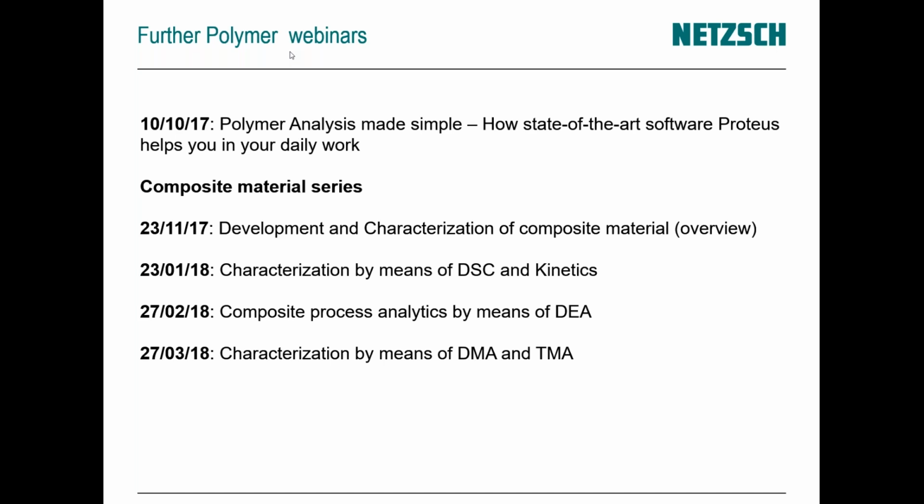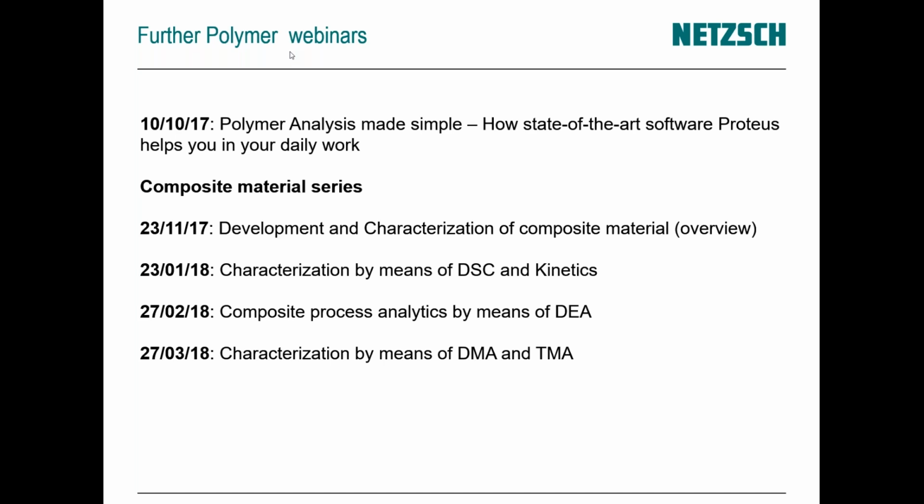Just for the ones of you who are not familiar with NETZSCH, as you signed in already, you must have at least clicked on our homepage. The NETZSCH group has 3 different business units: grinding and dispersing in the middle with grinding machines for processing, pumps and systems to the right also for process applications, and the part where I'm speaking to you from is analyzing and testing to the left.